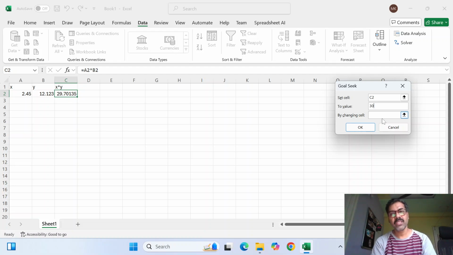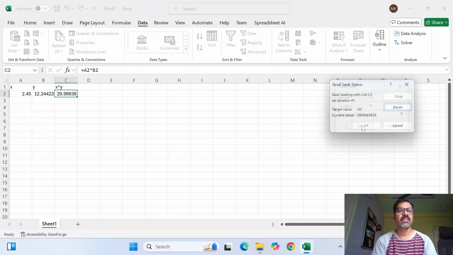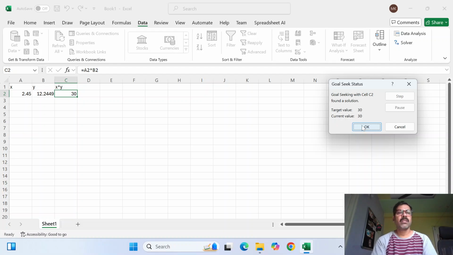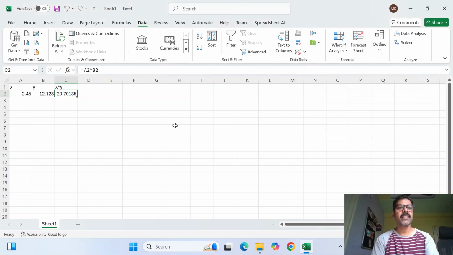As I said, we can only change one input variable, so by changing, I'll take y here. Okay, now that is the value. So y needs to be 12.2449 instead of 12.123 in order to get a fixed value of 30. So this is one of the ways to use the goal seek.